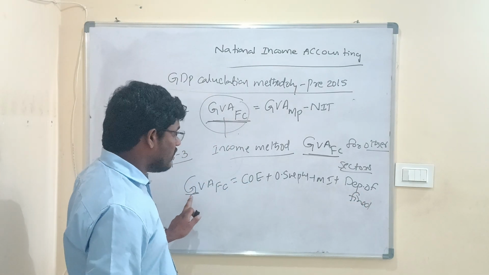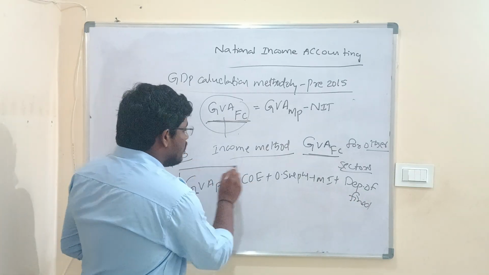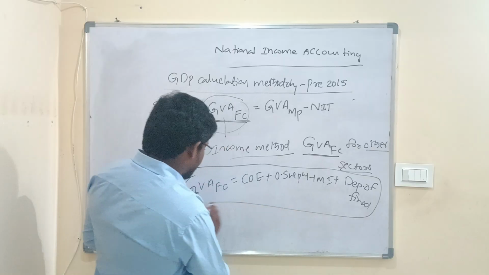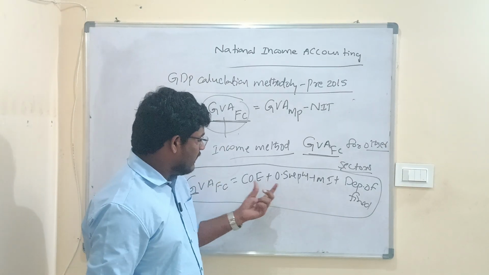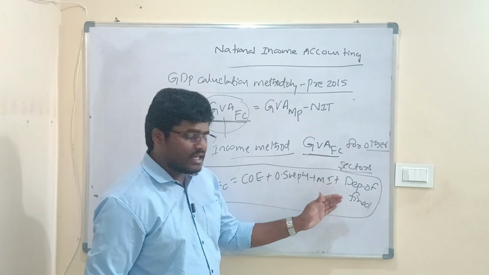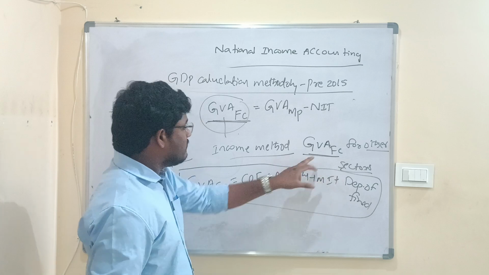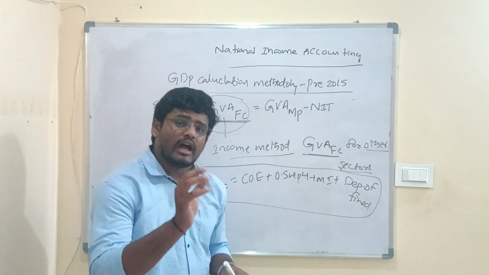Since we are using gross, we are adding the depreciation. So the gross value added at factor cost for the above sectors by the income method is the sum of COE, operating surplus, and mixed income. If we add them, we derive the gross value added at factor cost. So this is the third method.